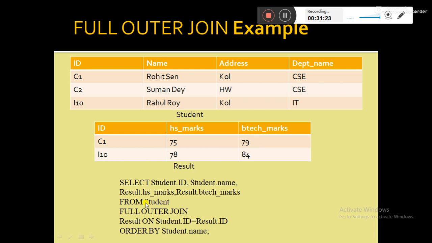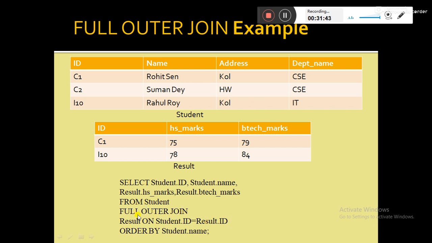And if we do full outer join, how to write? Select student dot ID, student dot name, result dot HS marks, result dot BTech marks from student full outer join result on student dot ID equal to result dot ID.